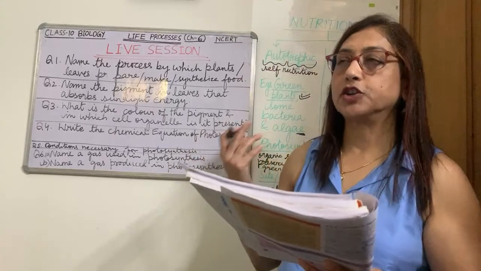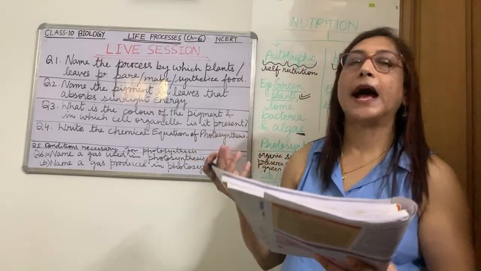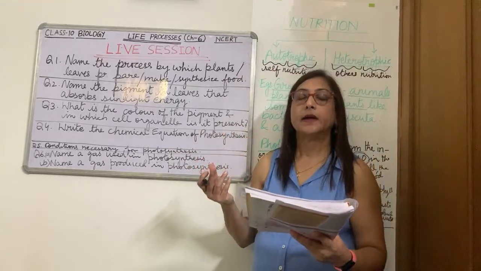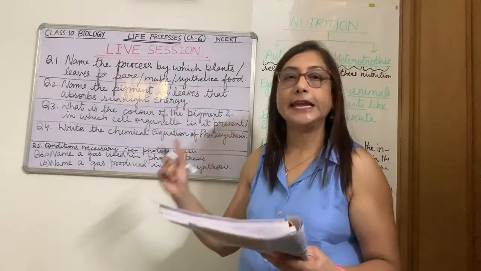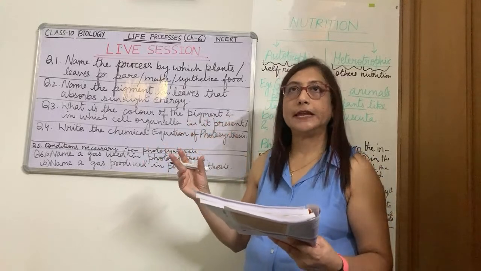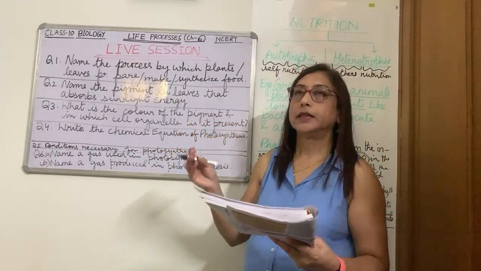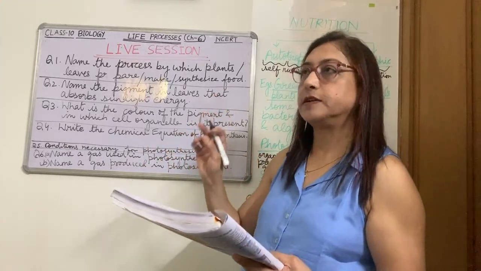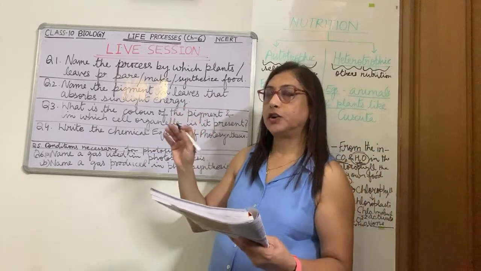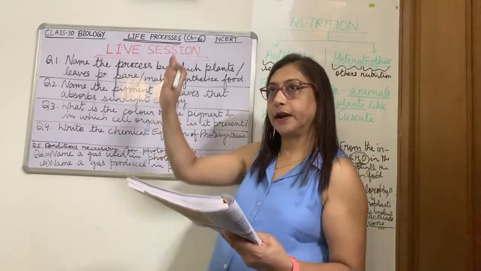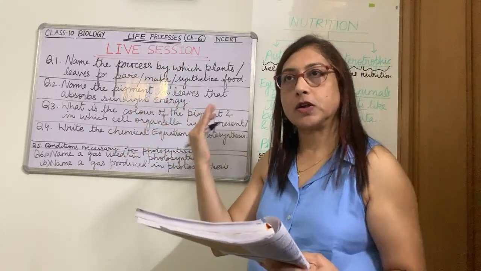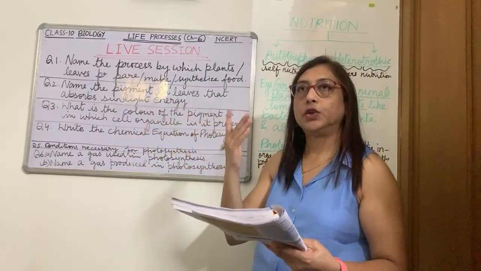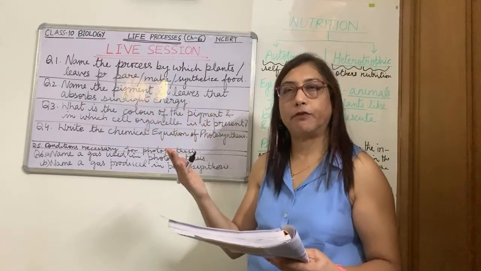Children, about the structure of xylem and phloem you have studied in your class 9. But here also, when I was telling you about the cross section of the leaf, I had mentioned xylem and phloem. I had told you that there is the midrib in the leaf. In the cross section of that midrib, you find the xylem and the phloem.